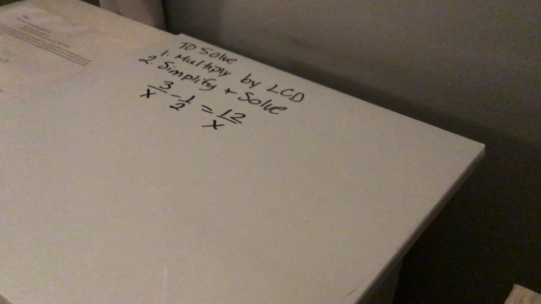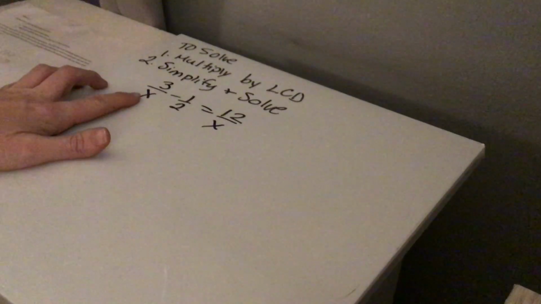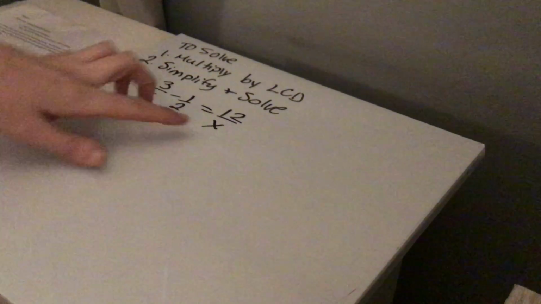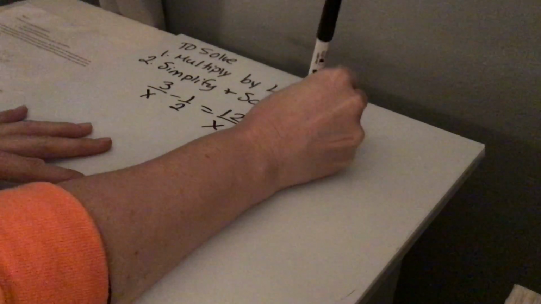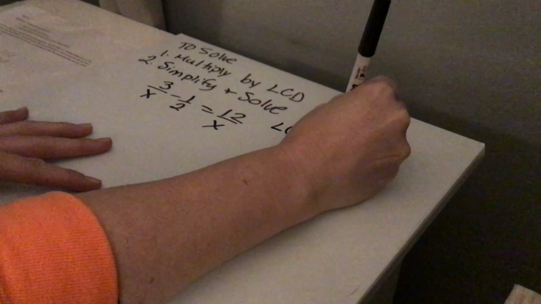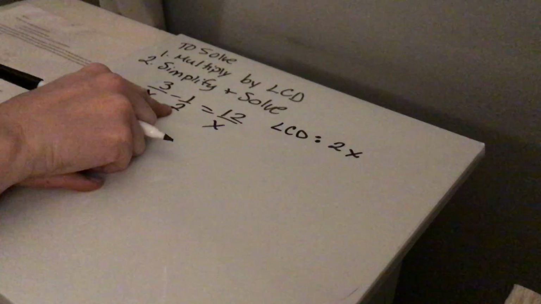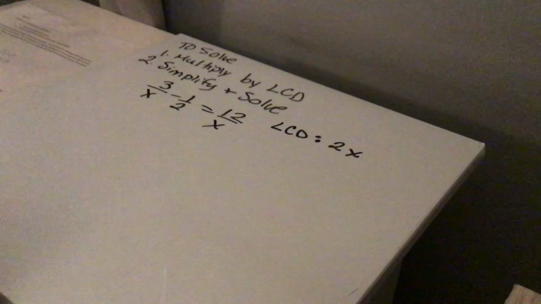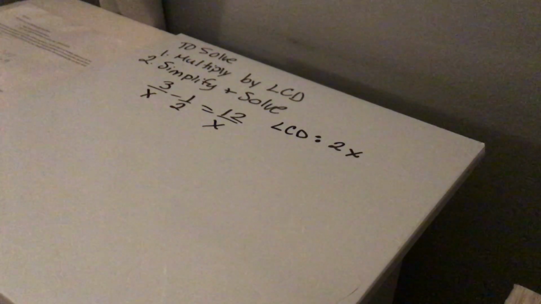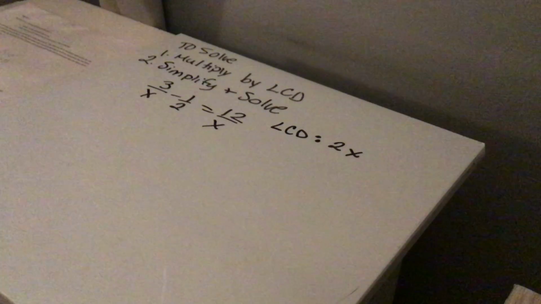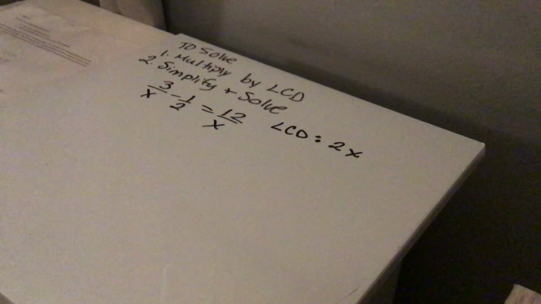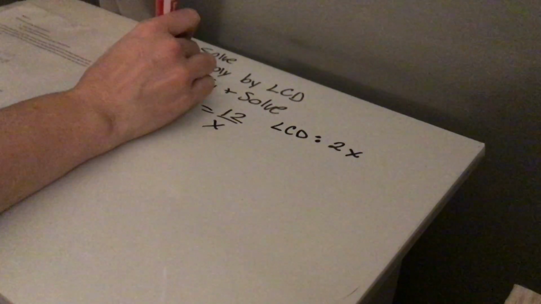We have fractions, so our denominators are x, 2, and x. The least common denominator then is 2 times x. This is missing a 2, missing an x, missing a 2, and then they're all the same. So we're going to take our equation and multiply everything by 2x.